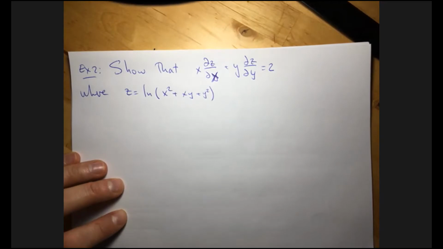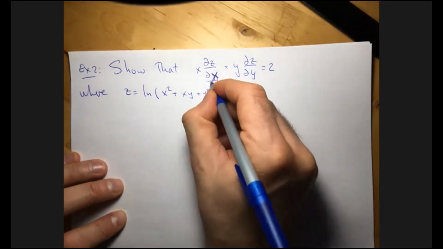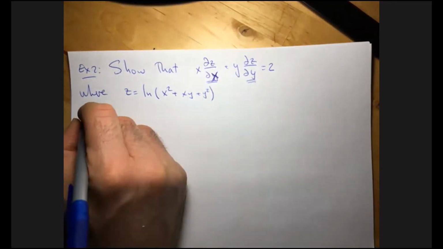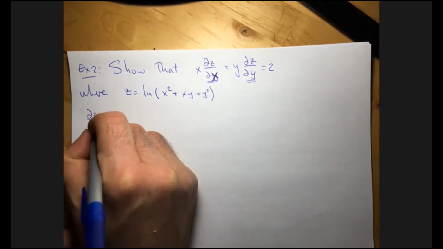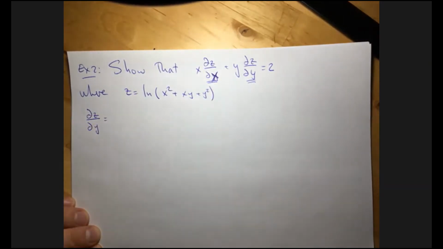So here I have to find the partial with respect to x and y. So partial z, partial y. I don't know why I started with y, but it doesn't matter.